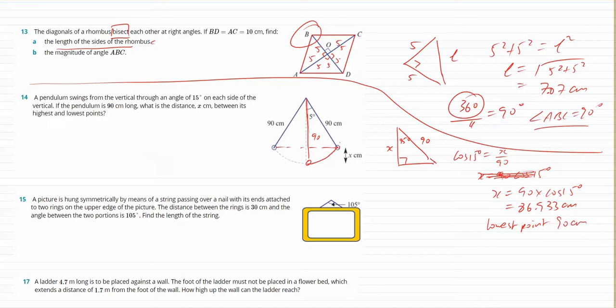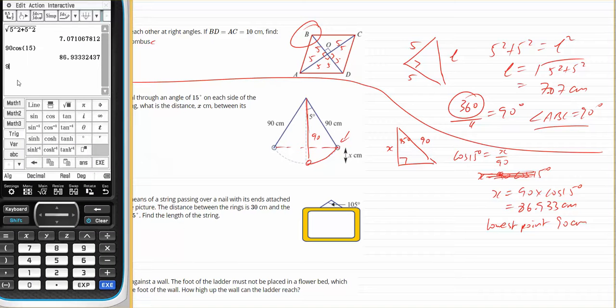If it moves to its normal position down, like when it stops swinging, then it's 90. So if I subtract 86.933 from 90, we should get our answer, 3.07.